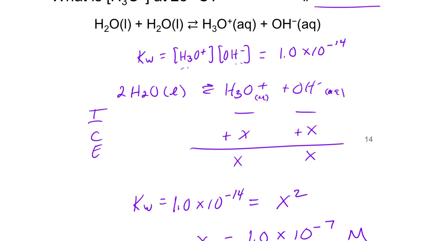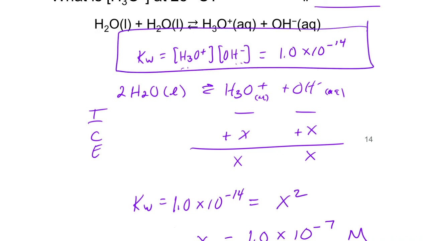Questions on that? This relationship is going to be very important. We're going to use that a lot in our calculations for pH. Oh, yes? Since you said it was temperature dependent, how would we know when it would change?